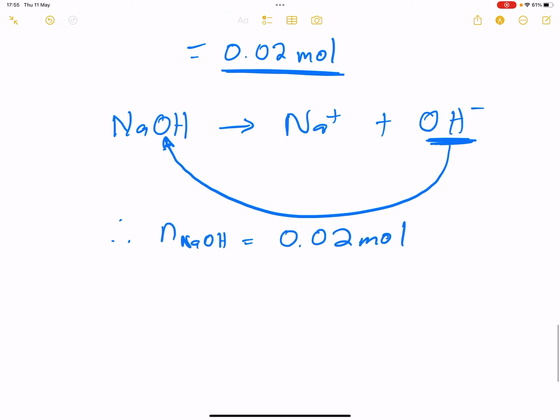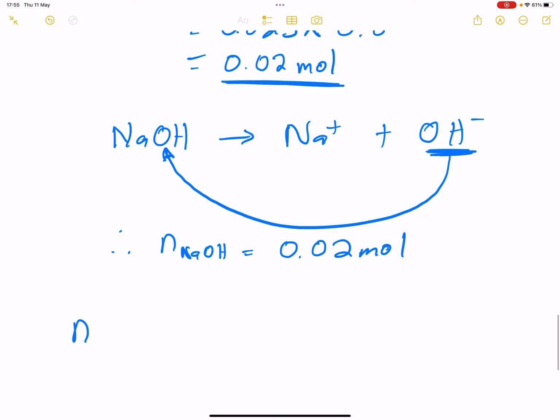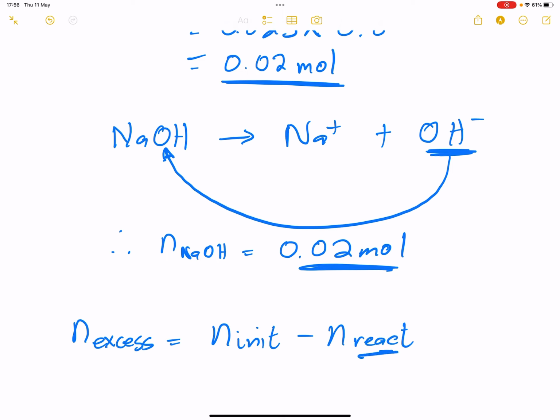So I want to know how much reacted. The number of moles that is left, which would be in excess, these are the ones that remained. So I'll call them the excess, and it will be equal to the number of moles that we had initially minus the number of moles that reacted. So I want the ones that reacted.